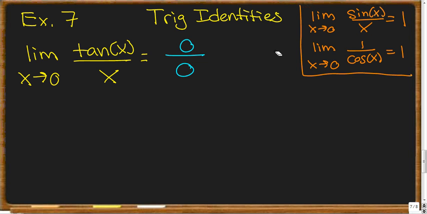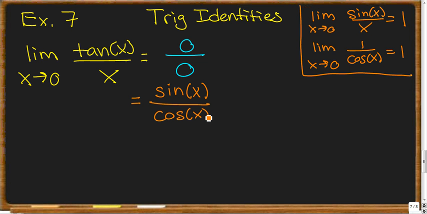Now, what I'm going to do here is separate this function into all numerators and all denominators. Tangent is the same as the sine of x divided by the cosine of x.